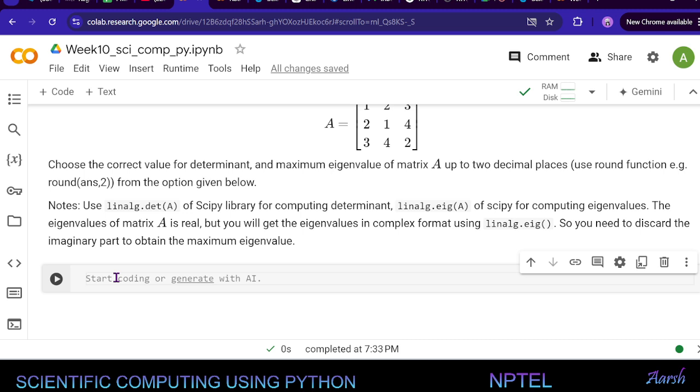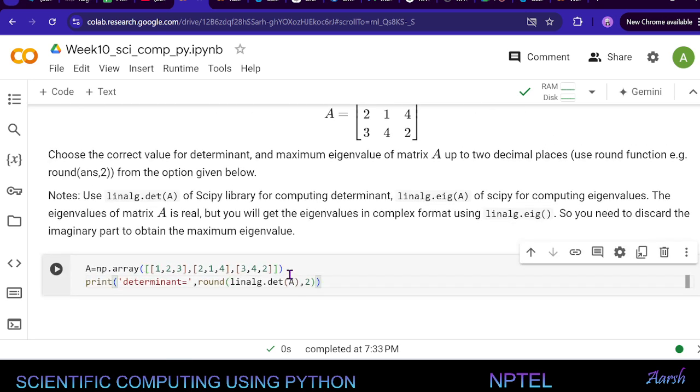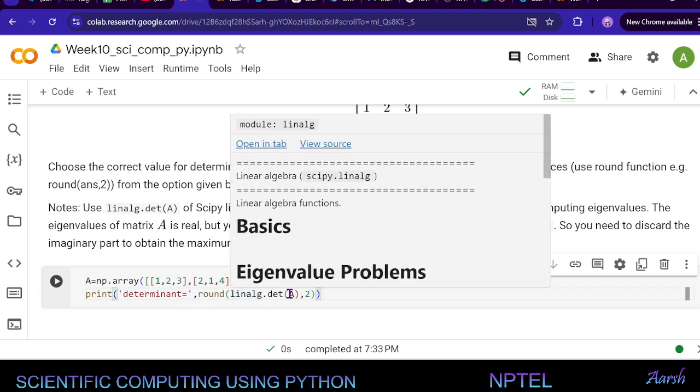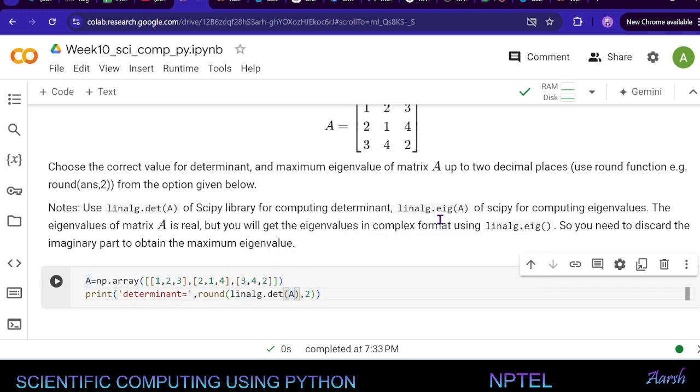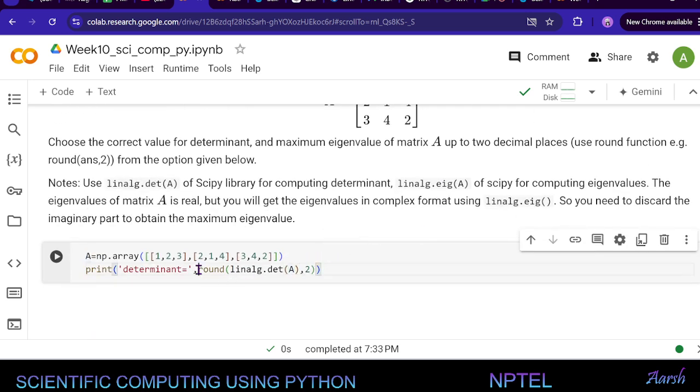So again let's just write A as np.array. Wow, thank you AI for typing it out for me. And then the determinant is going to be linalg.det of A, and we have to round off to 2. Okay, so we are rounding off the determinant up to 2 places.